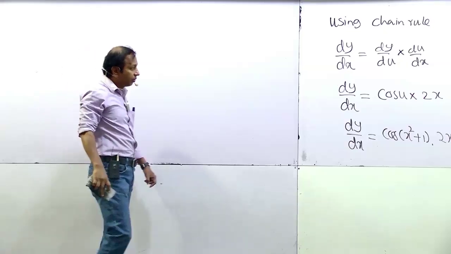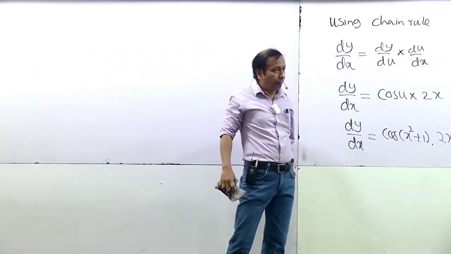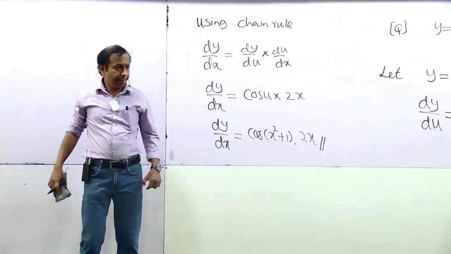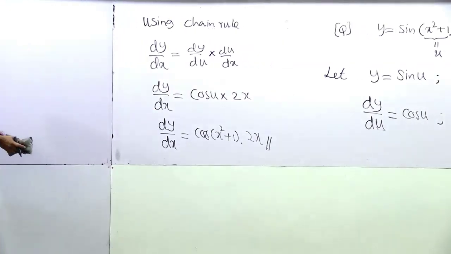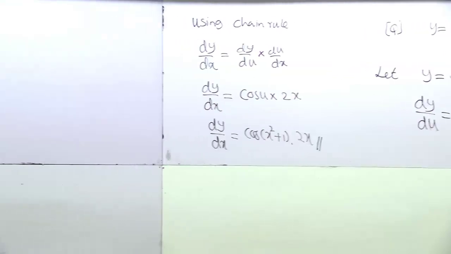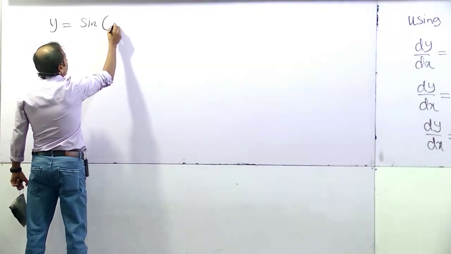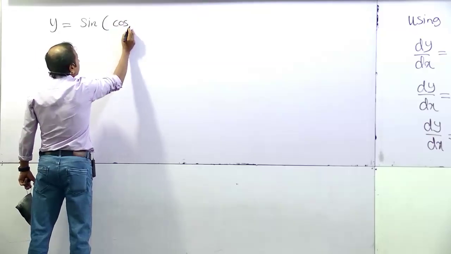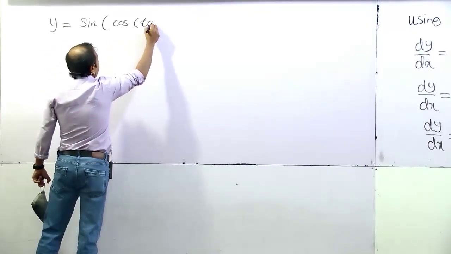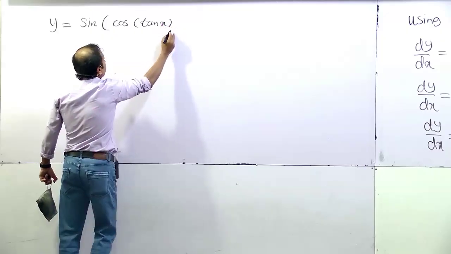See here, we have a function like this, y equals sin, and here cos and tan x.